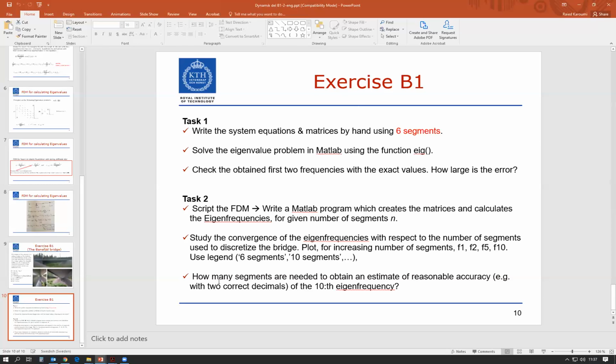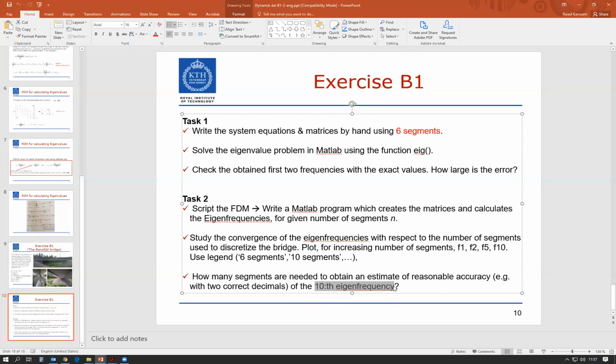Okay, and then also in task 2, the last question is how many segments you need to get a good accuracy of, say, the 10th frequency, with two correct decimals for the 10th frequency, so F10.